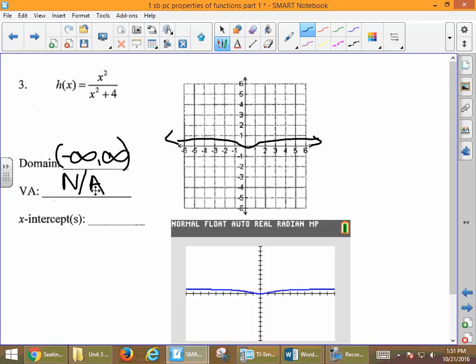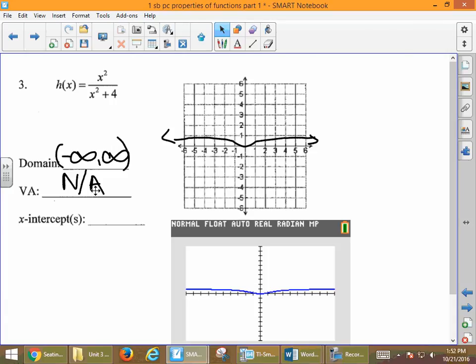And then finally what we have to do on this one, and my picture is not very good. Let's see if I can scoot it a little bit. All good. But we can see on the graph, we could see in our table function, what is the x-intercept?